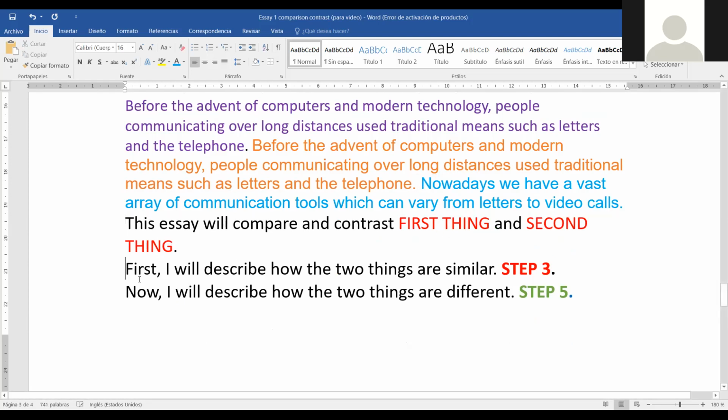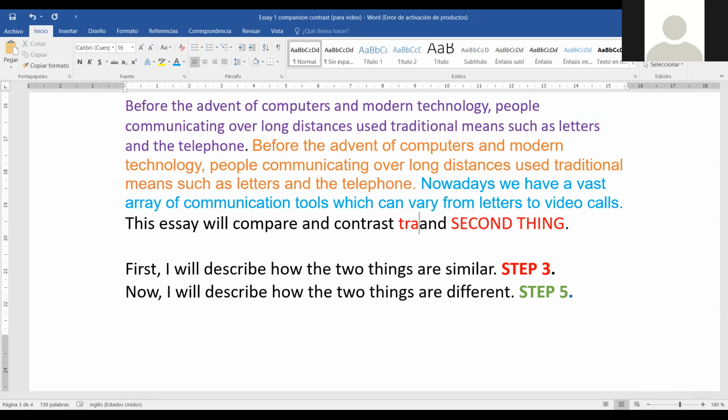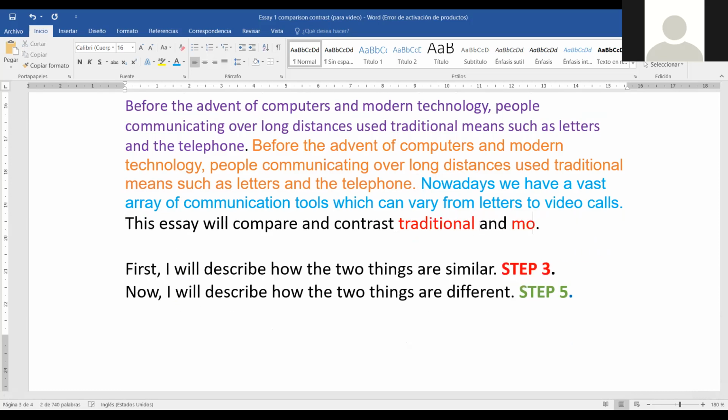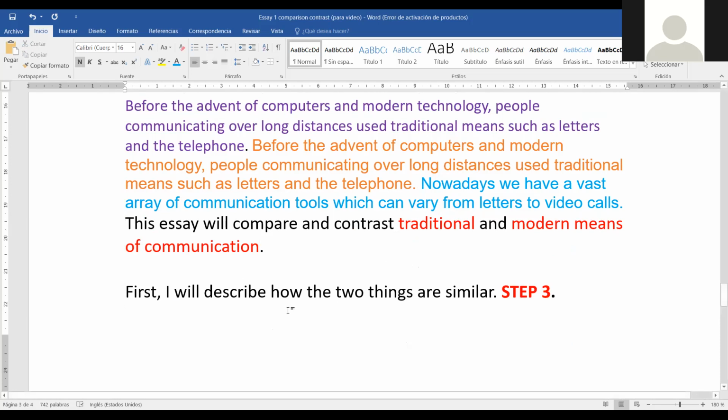Then I can say, this essay will compare and contrast traditional and modern means of communication. Then it says, first I will describe how the two things are similar.